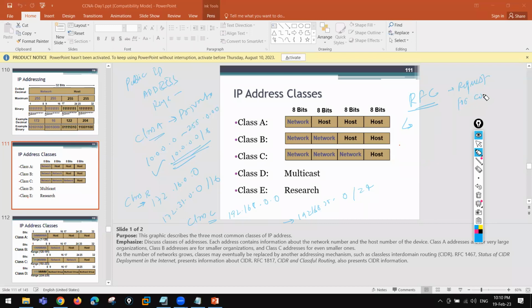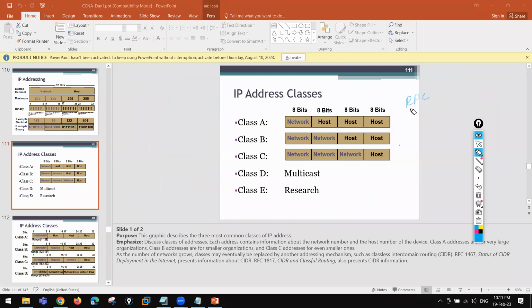There is an RFC number for almost all the technologies, including the private range of IPs, where a structure is defined, that this is how the technology is and how it should be implemented. But it's never implemented 100% as defined in the RFC; that varies from time to time. You can Google yourself what an RFC is. At CCNA level, nobody talks about RFCs, but it came to my mind, so you can Google it.